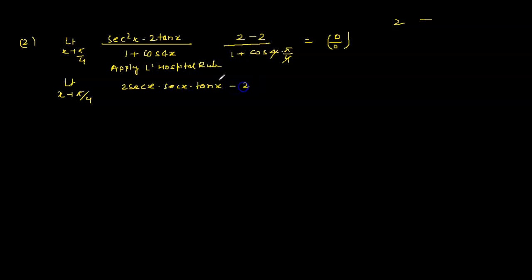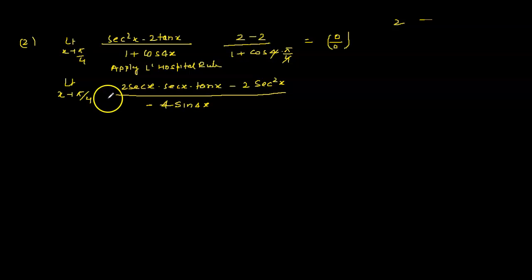Minus into 2 as it is only. Tan differentiation is secant square of x. Divided by 1 is 0 here, and cos differentiation becomes minus of sine of 4x into 4, right? This one is minus 4 here.